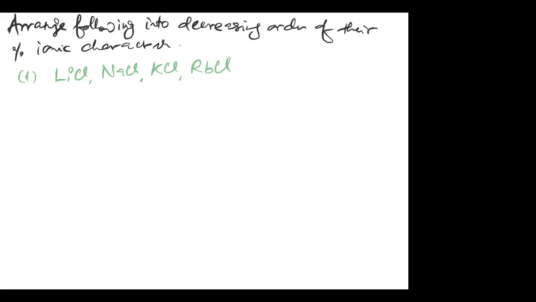So as far as percentage ionic character is concerned, RbCl will be more ionic than KCl. KCl will be more ionic than NaCl. And NaCl will be more ionic than LiCl.